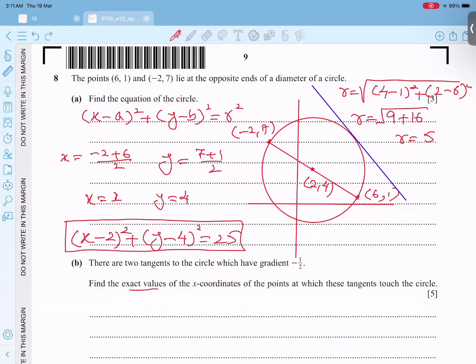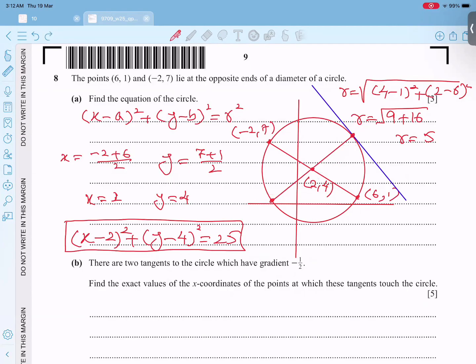And we need the exact value of the x coordinates of the points where the tangents touch the circle. So look at this, students, you can see this is not exact. This point I have to find, and this point I have to find. So these two coordinates. And how to find them, students?